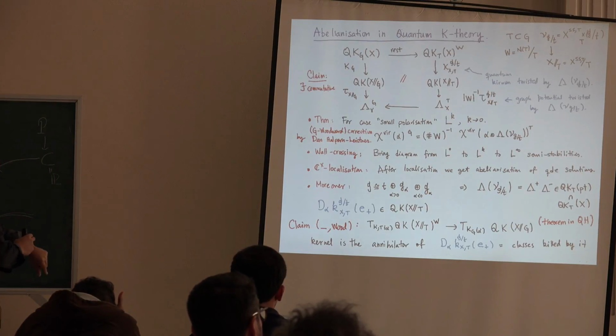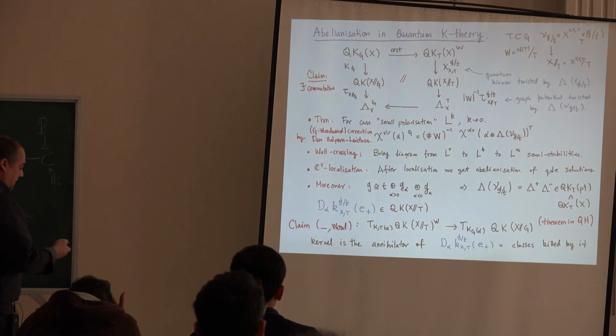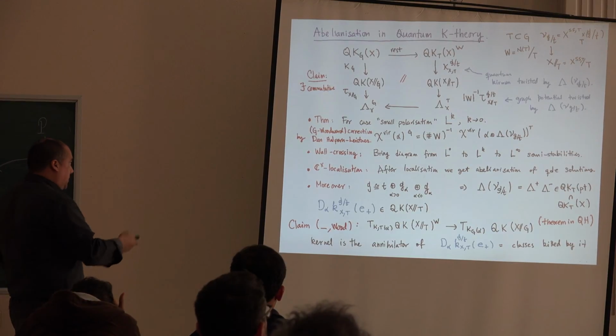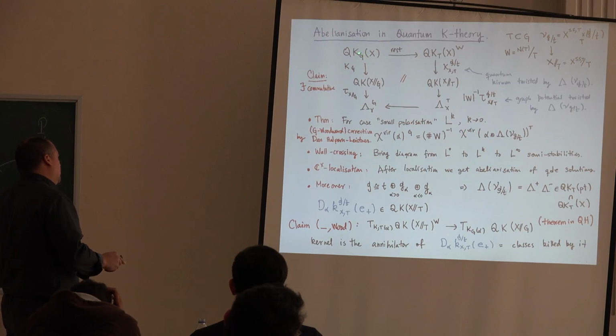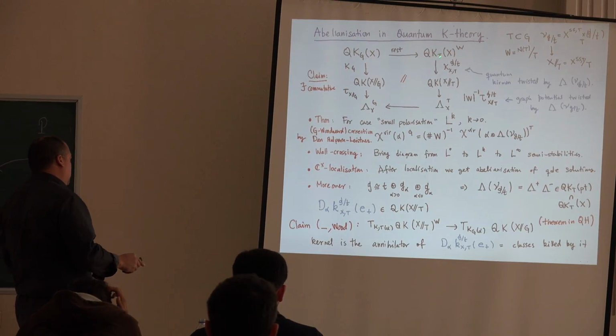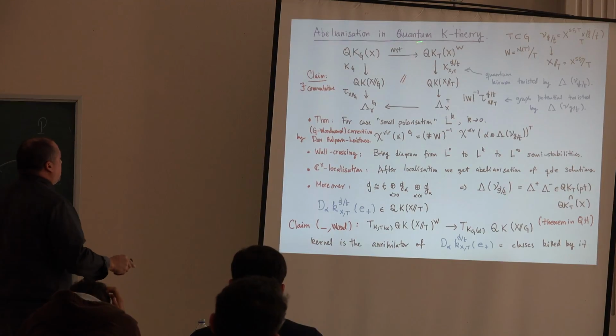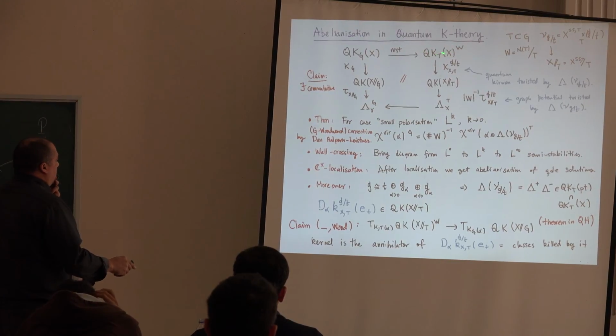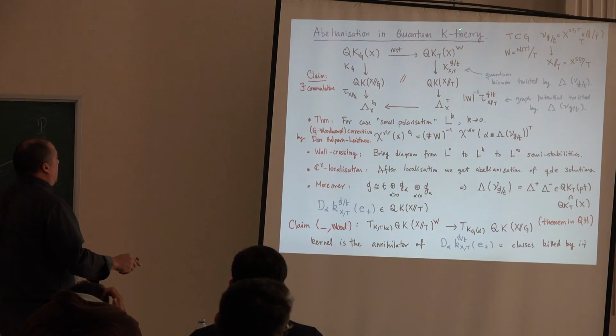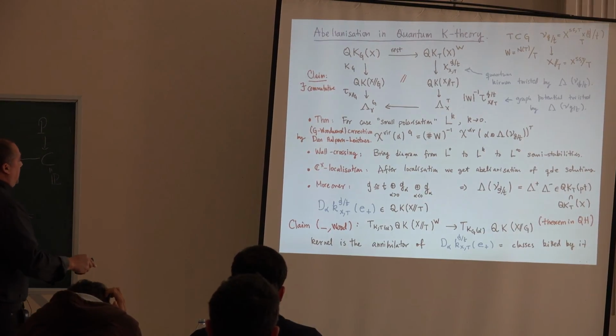And so for the abelianization in quantum K theory, so this was the original problem that I have. What I really want to do is to relate the quantum K theory of G and the quantum K theory for T. And so there is a restriction map. The quantum K theory associated to the torus, the big torus, is a lot larger than this one. So what I do is you take the invariants with respect to the Weyl group, and then there is a diagram that goes like this.